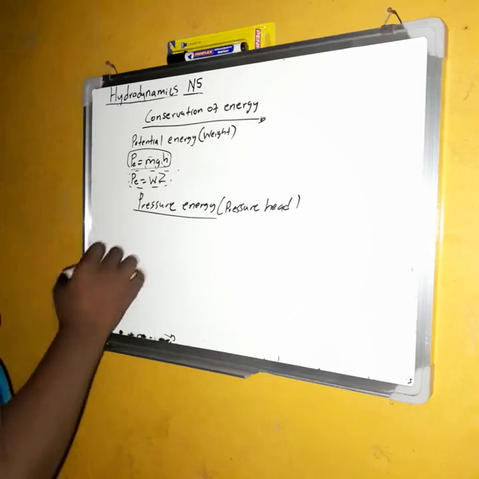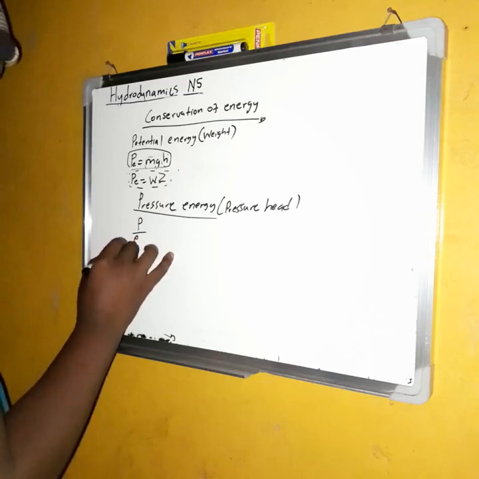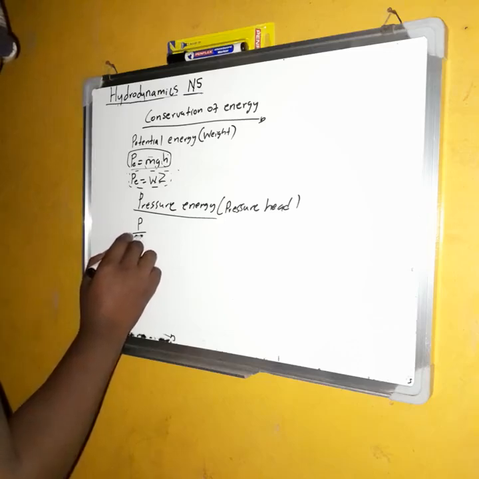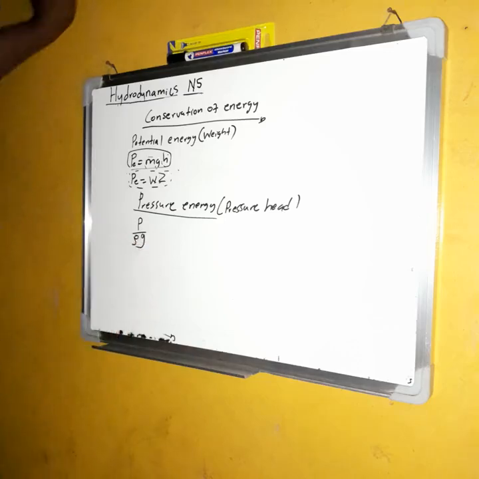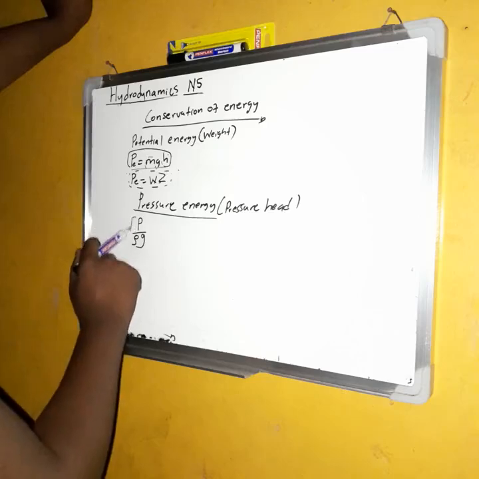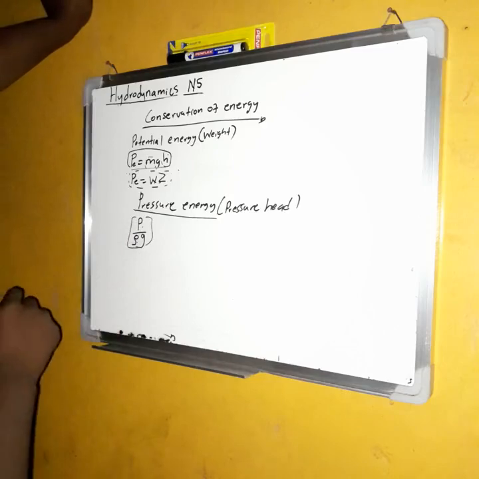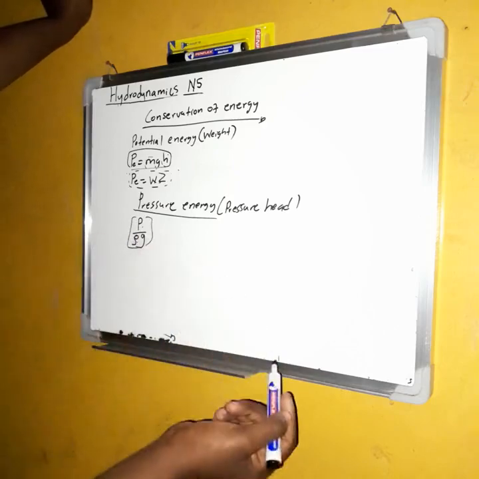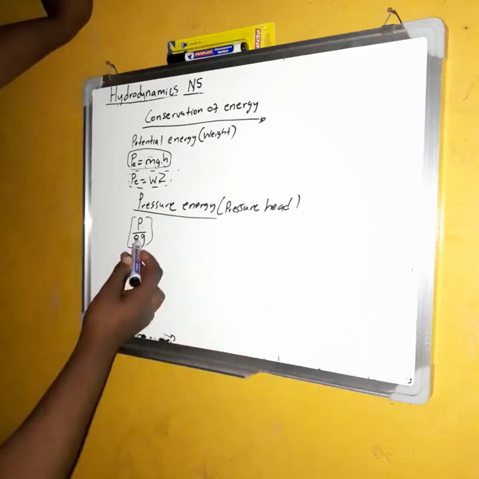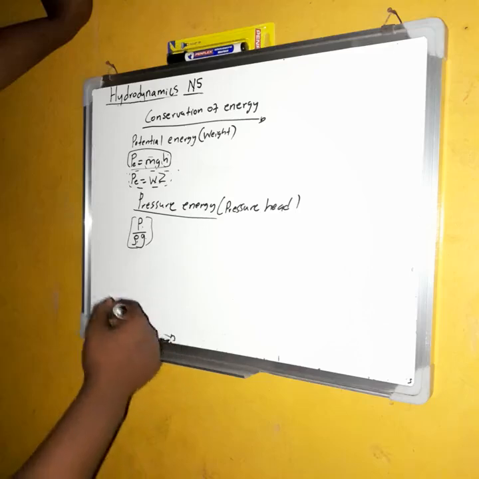This is P over density, which is rho multiplied by gravity. We call this pressure head: pressure divided by density multiplied by gravity.